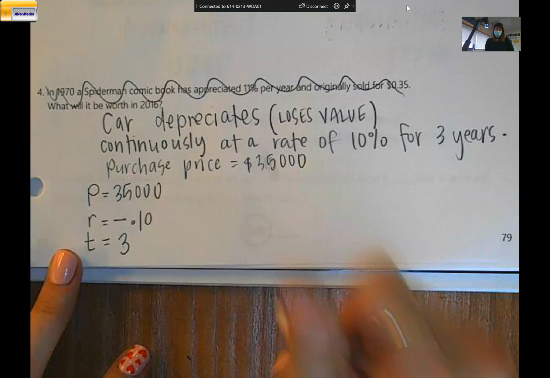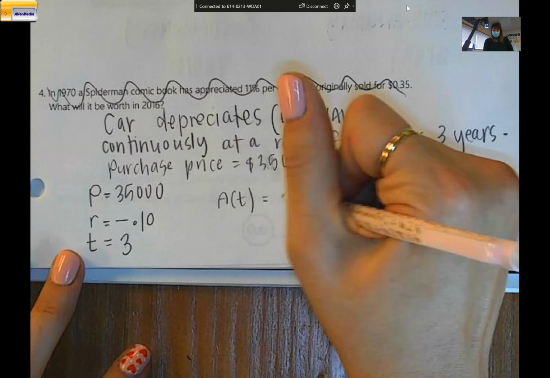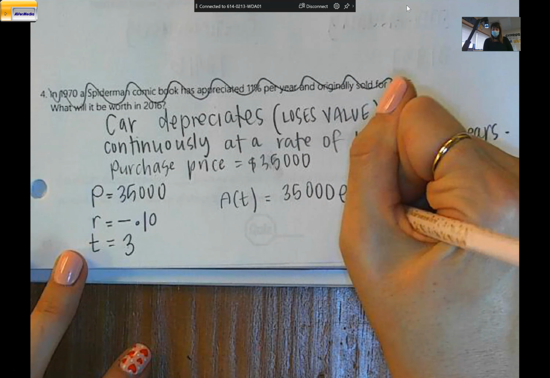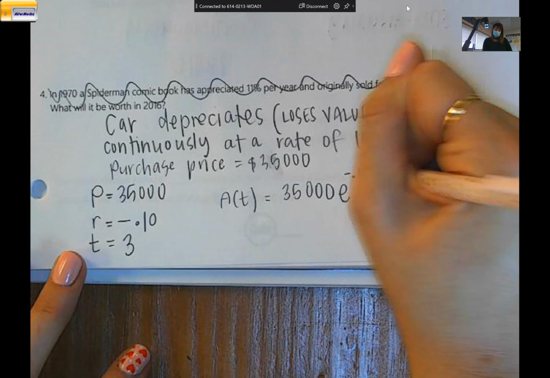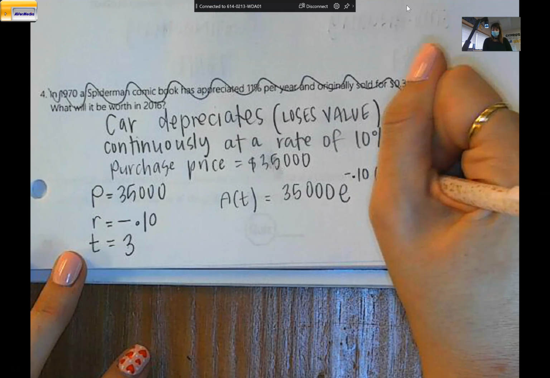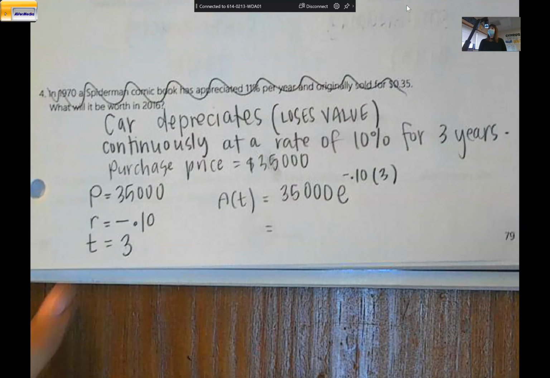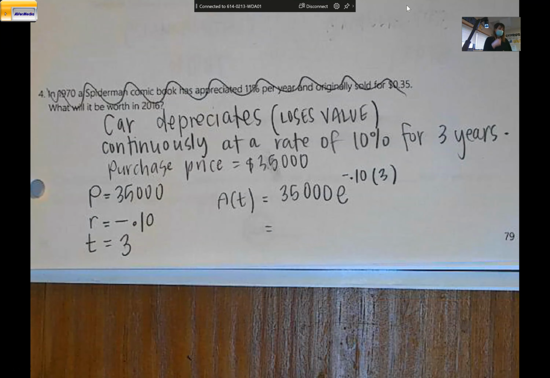So if we plug that into our formula, we would get 35,000 e to the negative 0.10 times 3. So that's what we would plug into Desmos. What do you guys get as your answer?